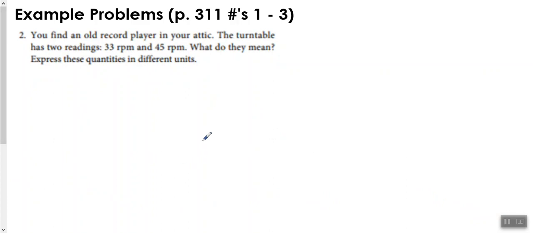Alright, let's look at another problem, problem number 2. Give yourself a pause and determine what the angular velocity will be for this.